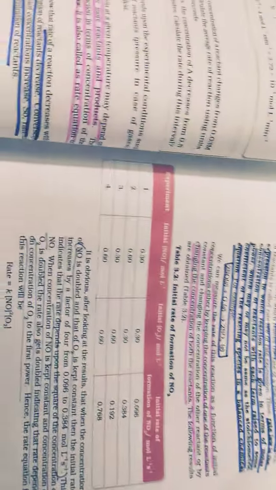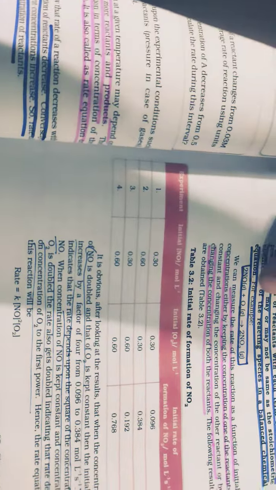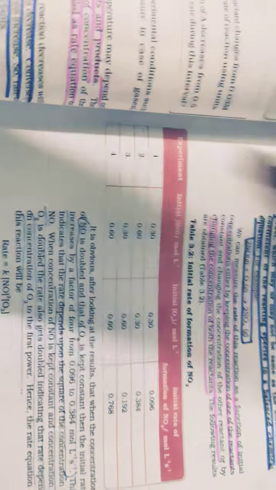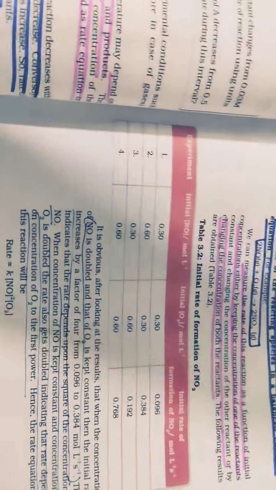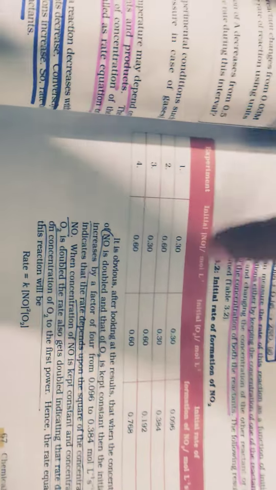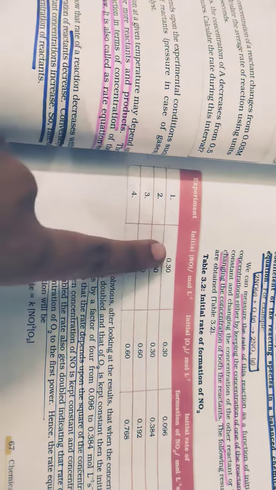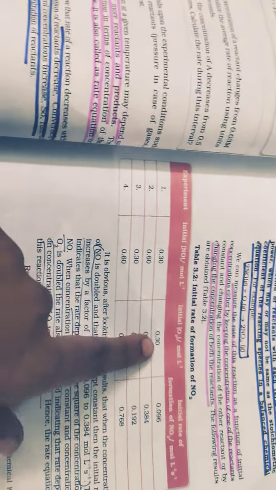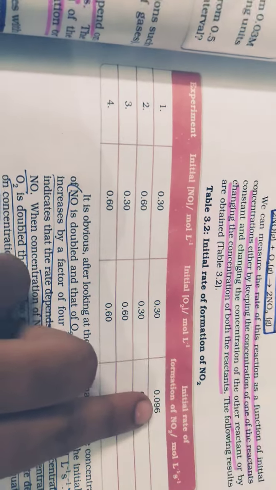To measure the rate of the reaction as a function of the initial concentration, we can either keep the concentration of one reactant constant and change the other, or we can change the concentration of both reactants. In this example, the initial concentration of NO was 0.30 and oxygen was 0.30, with no changes made. Then the initial rate is as shown.